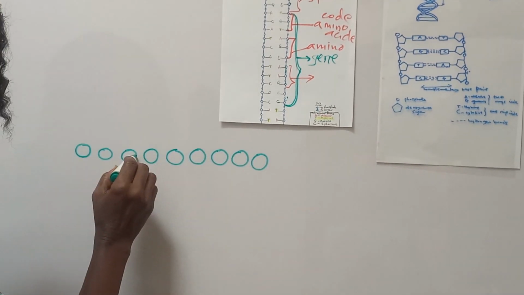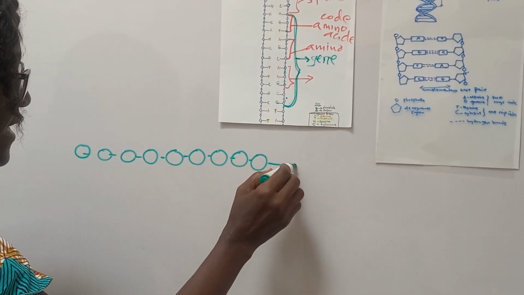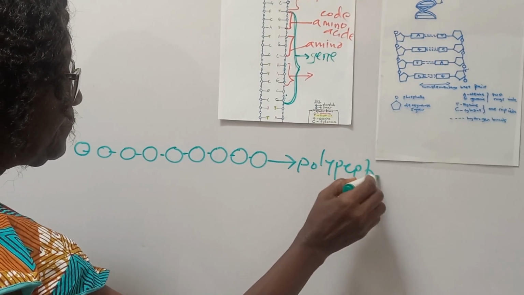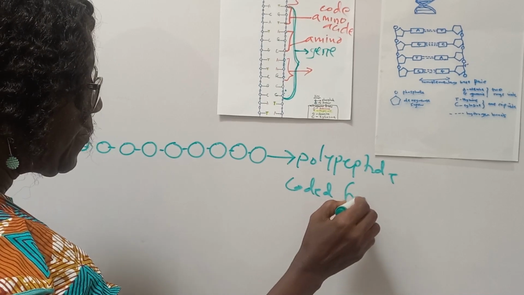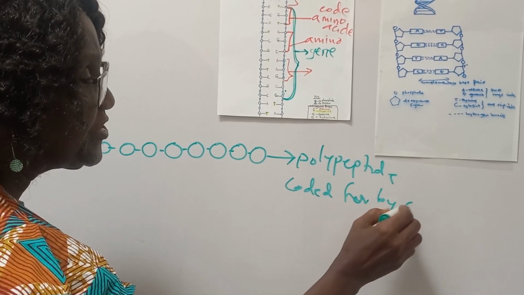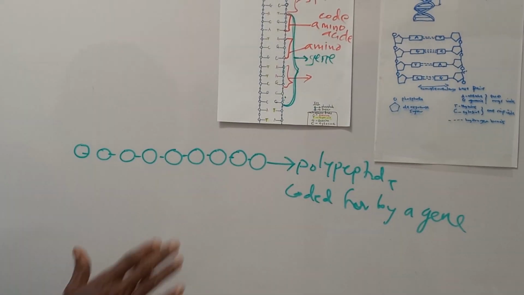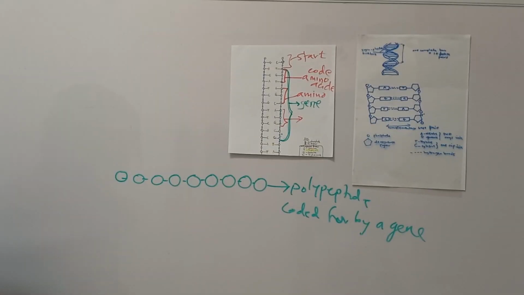So if this is a polypeptide, then this polypeptide is coded for by a gene. Good.